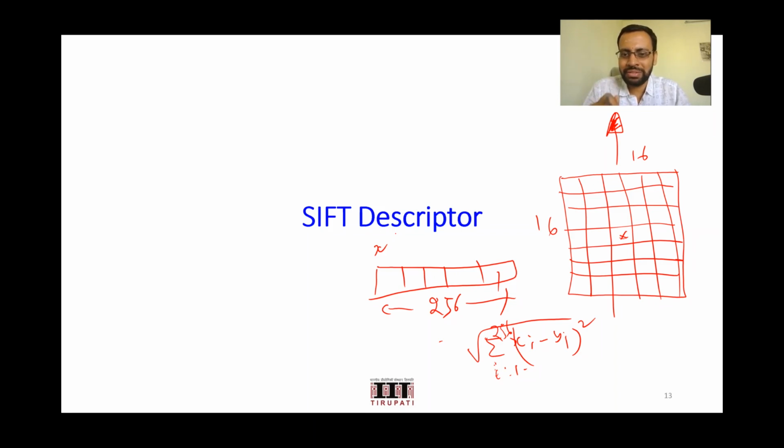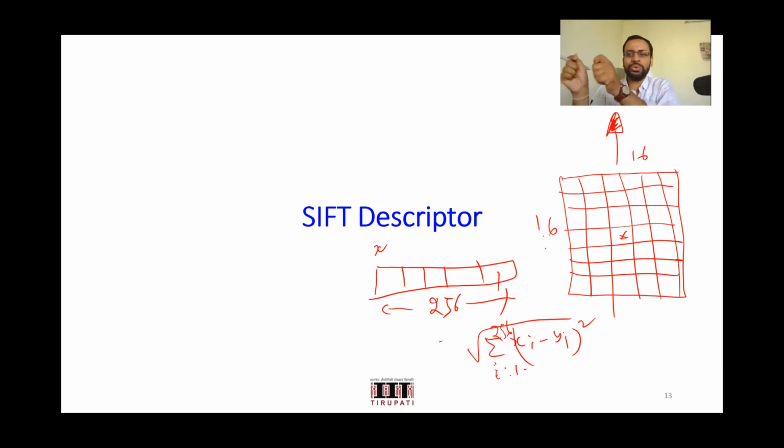By the way, is that clear, what I am computing and how I am describing a given point? This is a 2D array of 16 by 16. I concatenate all rows, so I have a single vector of length 256. I do this for each point coming from one image, and the same for the points coming from the other image.